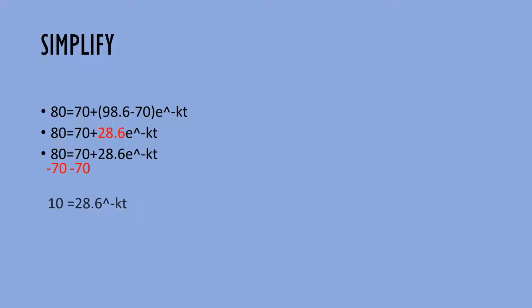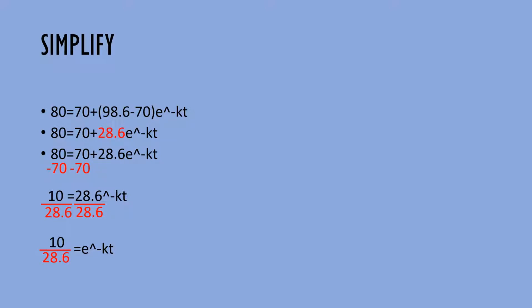That leaves us with 10 equals 28.6 e to the negative KT. And now we want to get negative KT by itself, so we divide by 28.6 on both sides. That gives us 10 over 28.6 equals e to the power of negative KT.